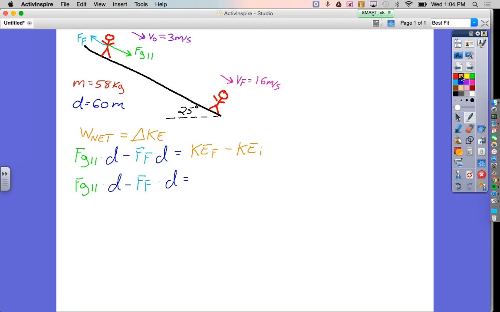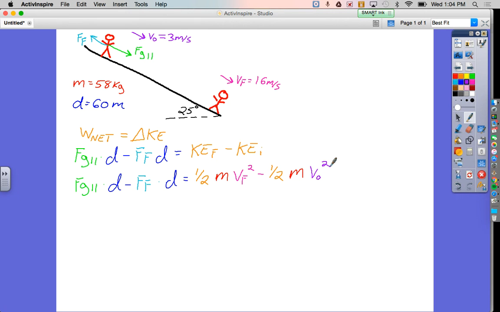For that change in kinetic energy, we just use our equation for kinetic energy, which is 1/2 mass times v squared. We're going to have the final velocity here because it's final kinetic energy. So that's 1/2 m Vf squared minus the initial kinetic energy, which is 1/2 m v naught squared.